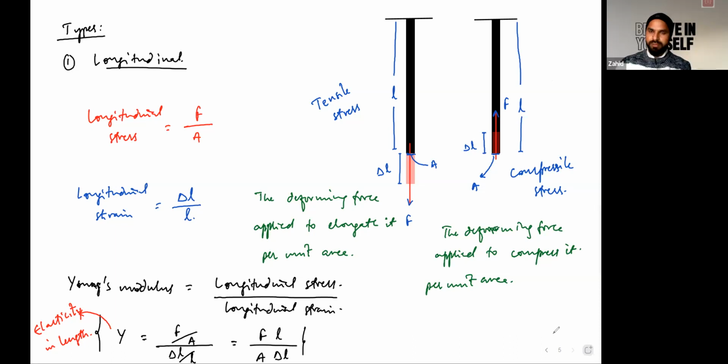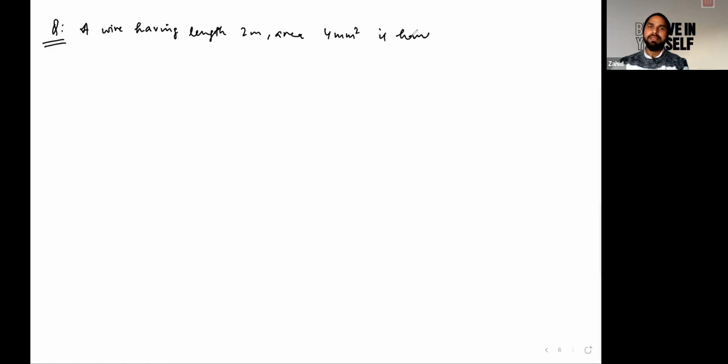Now let me define a problem related to this. Suppose a wire having length 2 meter, area 4 mm square, is hanged vertically.